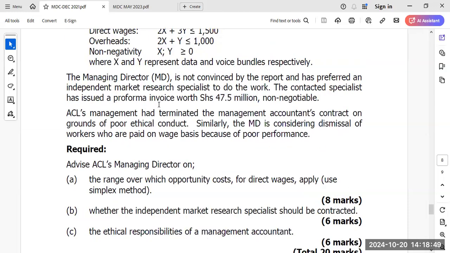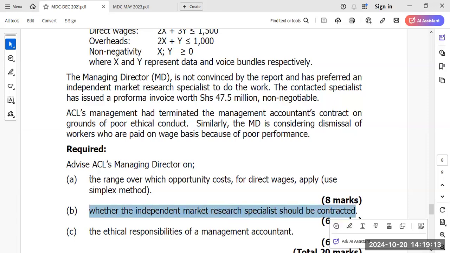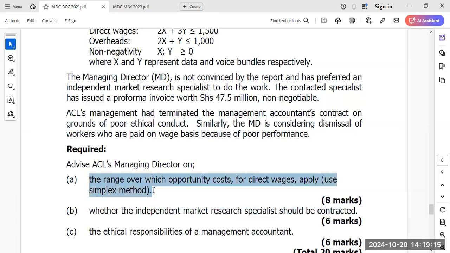So if you find that the value of perfect information is less than this figure, then you advise the company to not hire the market research specialist. Instead, they should do the work on their own. But that is not our focus for now. Our focus for now is part A.